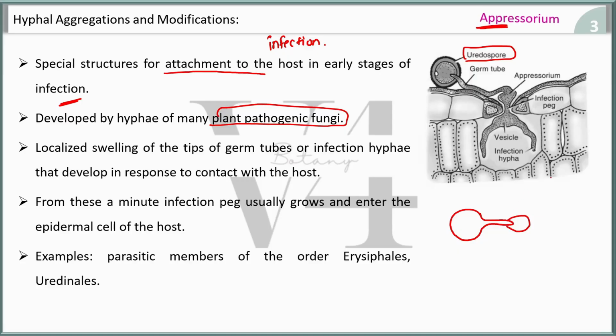The tip gets swollen to form a structure called appressorium. So this part here is the appressorium. From this appressorium, one infection peg will grow, which will penetrate the host epidermal cell.